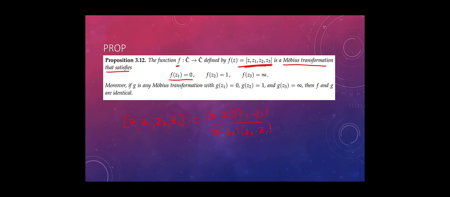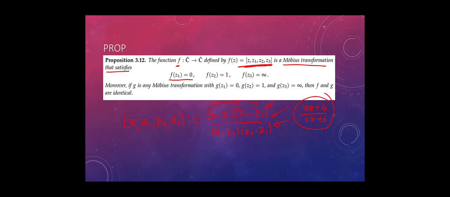Okay, so first of all, what I recommend you do, we don't have too much time in this video, if you actually factor everything, you can see that this can be written as az plus b over cz plus d for some complex numbers a, b, c, and d. So basically, if you just factor, or FOIL, I should say, you can take your cross ratio and put it into this form so you know that you have a Mobius transformation on your hands.